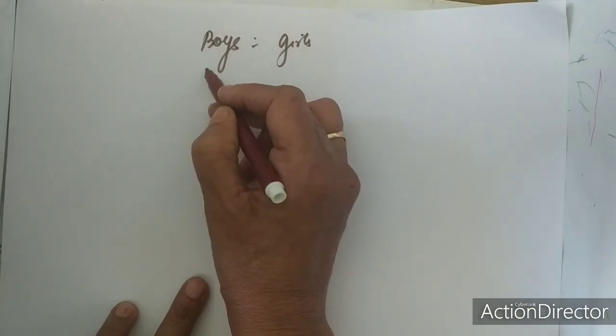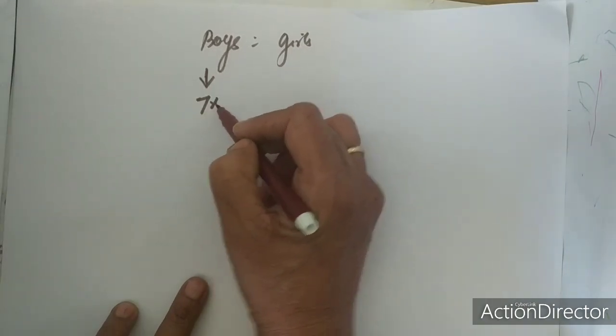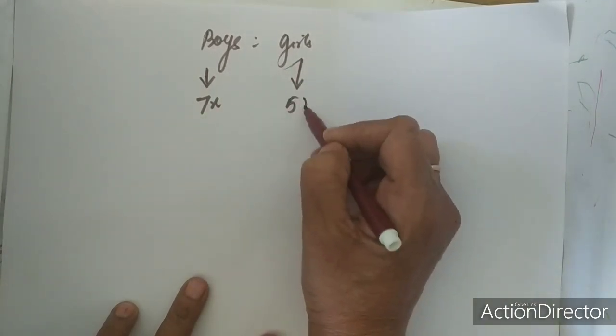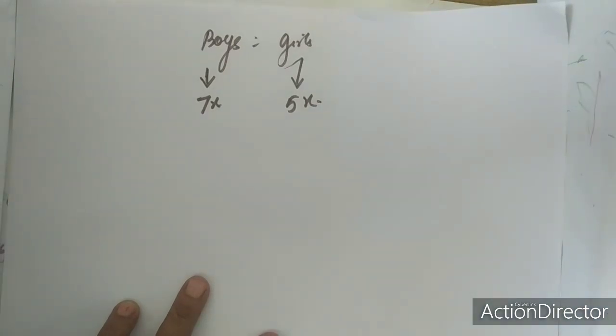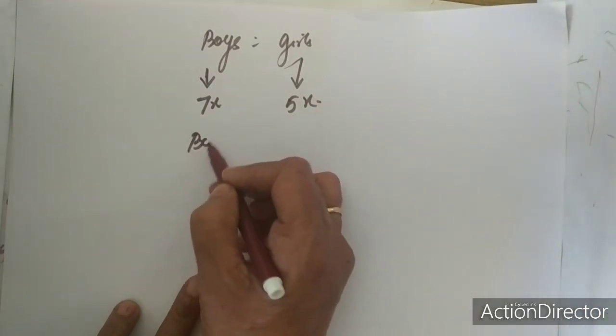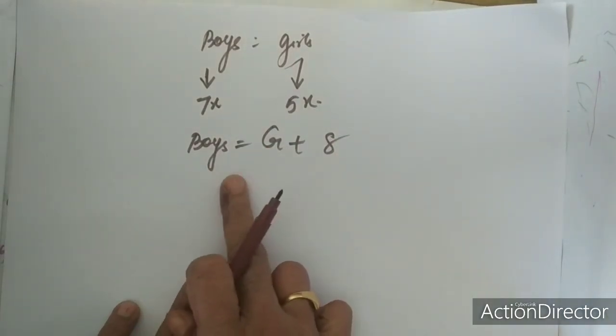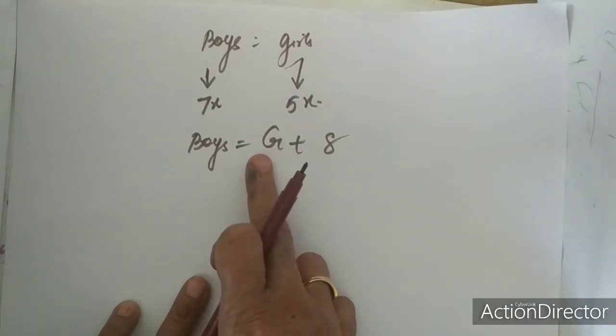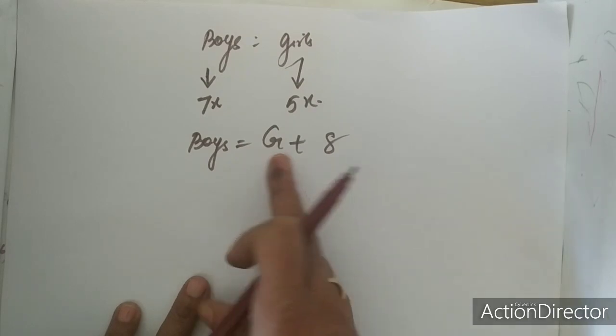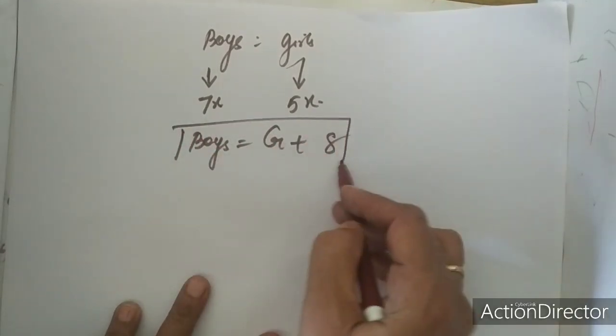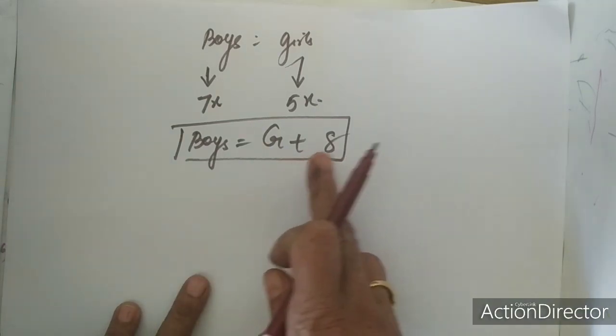It is 7:5. So let us take the boys to be 7x and girls to be 5x. And see, one more condition is also given. Boys are equal to girls plus 8. That is, the number of boys is 8 more than the number of girls. So you write this equation over here: boys is equal to girls plus 8.